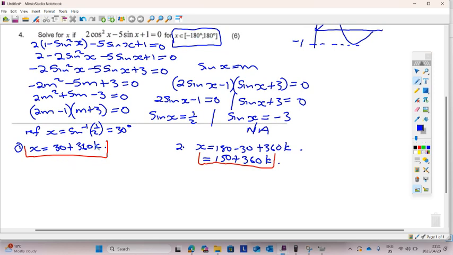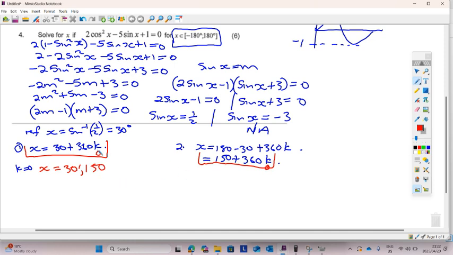Now, let's make use of the values of k. When k is equal to 0, we will get a 0 here, so it's 360 times 0. So your x there is equal to 30 degrees. It is within our range. When k is equal to 0 also for this one, x will be equal to 150 plus 360 times 0, so that is 150.